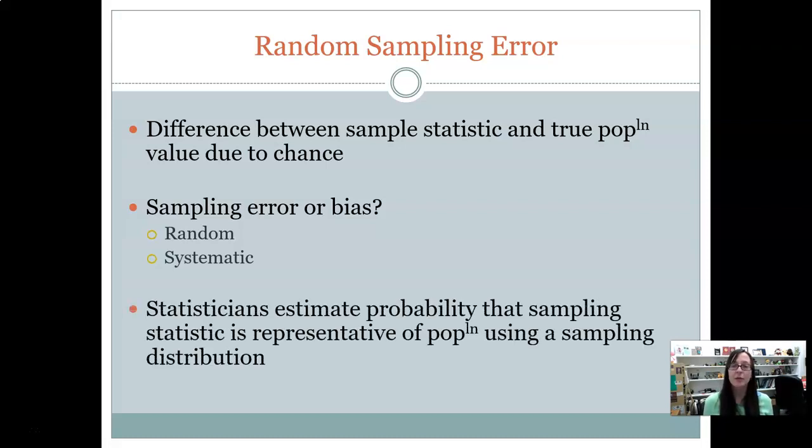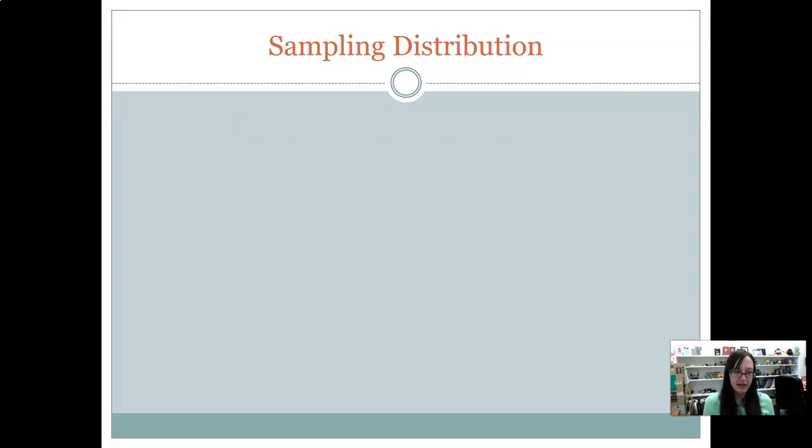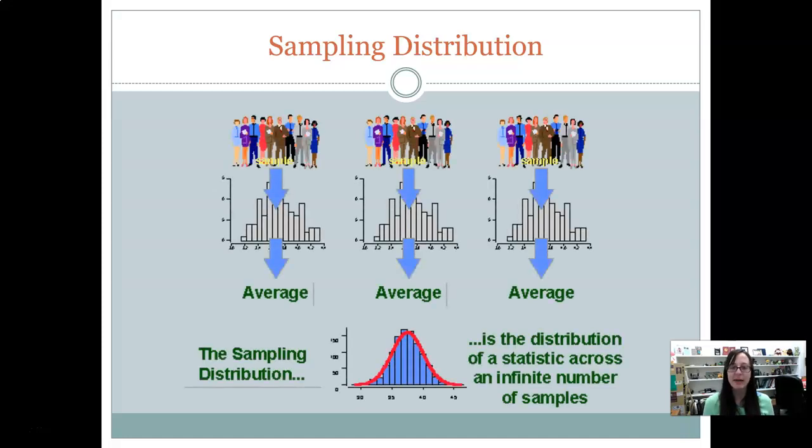So statisticians will estimate the probability that the sample statistics, what you got in your sample, are representative of the larger population, and they use what's called a sampling distribution. Here's an example. The sampling distribution is the distribution of a statistic across an infinite number of samples.